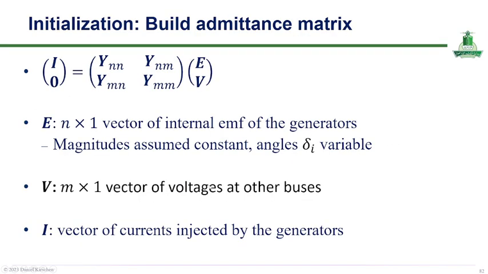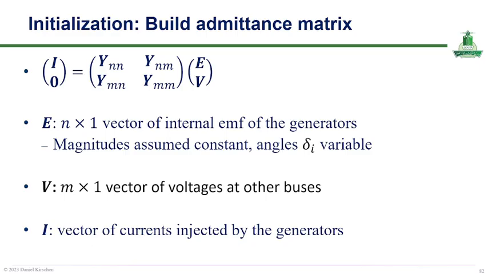Okay, this slide presents the initialization step for building the network admittance matrix used in power system dynamic analysis. The relationship between generator currents, internal electromotive forces, and bus voltages is represented in matrix form through the partitioned admittance matrix.